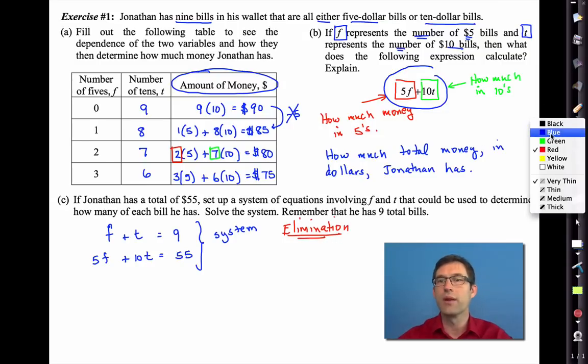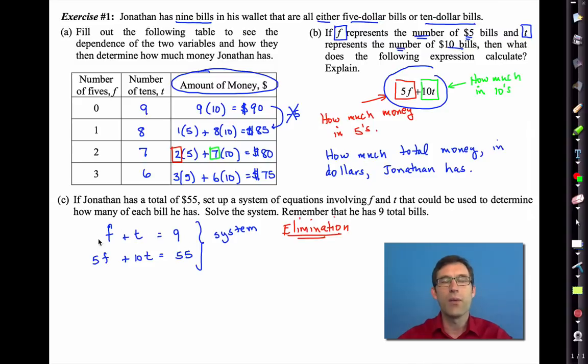So what do we do in elimination? Well, I need to eliminate one of the 2 variables. So I'm going to take the first equation and use the multiplicative property of equality and multiply both sides by -5. I'll write the result right underneath: -5f minus 5t is equal to -45.